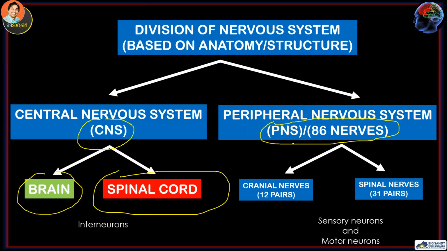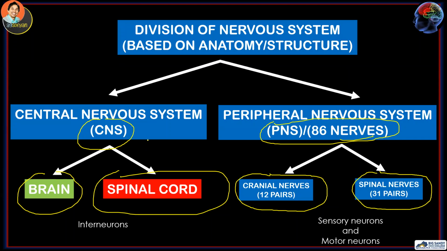The peripheral nervous system consists of nerves that are divided into two types: cranial nerves, the nerves that enter or exit from the brain, and spinal nerves, the nerves that enter or exit from the spinal cord.